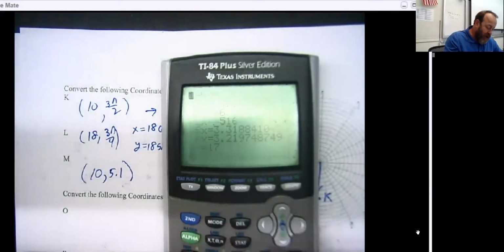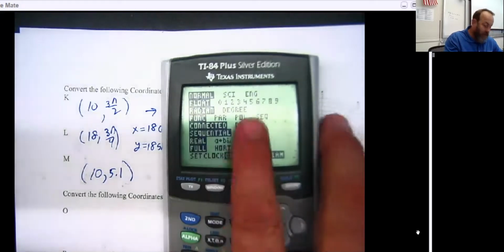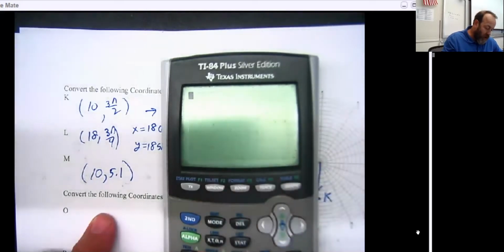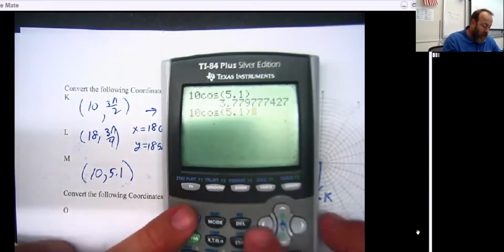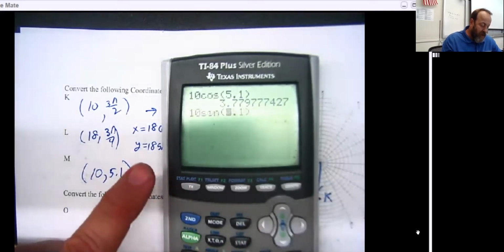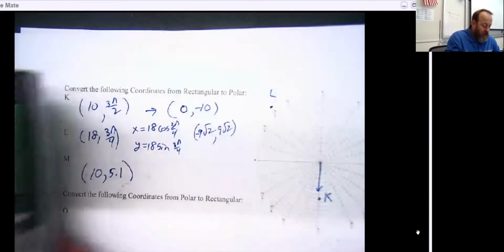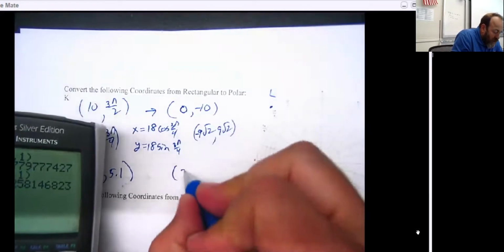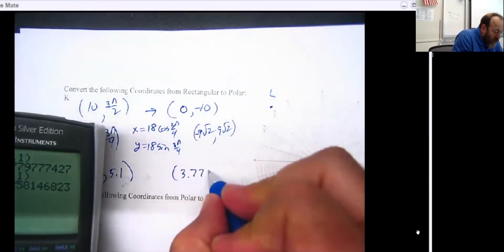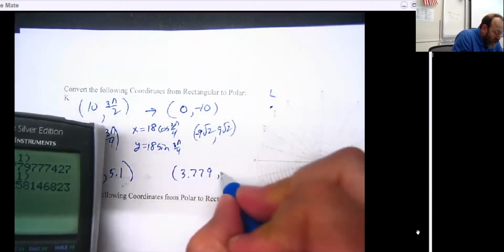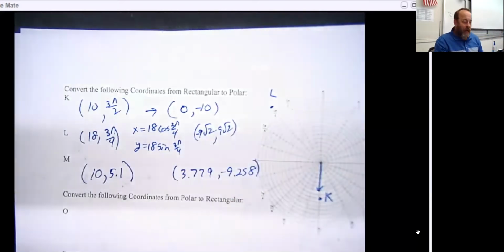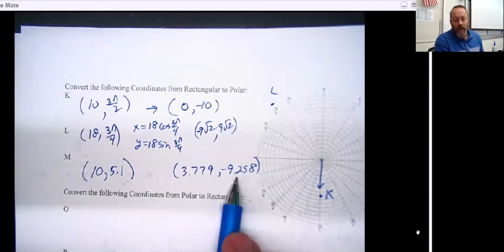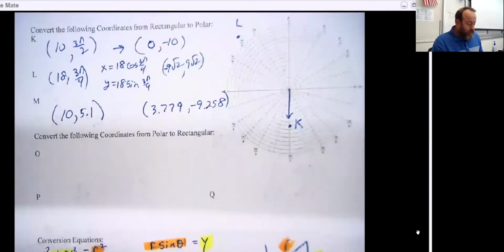I could check my mode and make sure that I'm in the right mode, and I could do r cosine theta. That would be my x value. And then r sine theta, that would be my y value. And so sometimes we can just be a little bit lazy and we could use technology to come up with those values. But remember, x is the cosine and y is the sine.